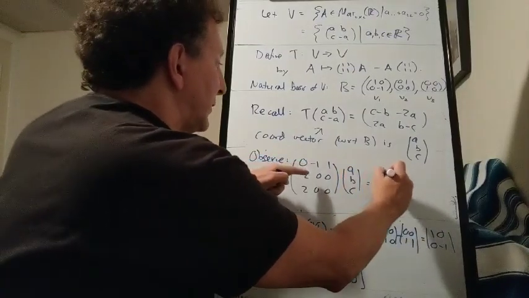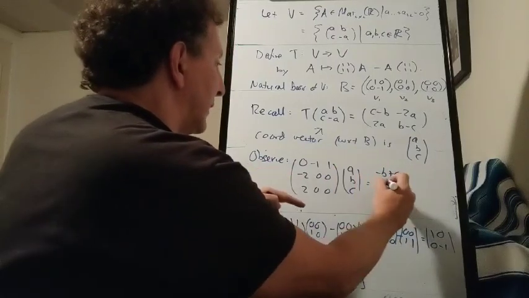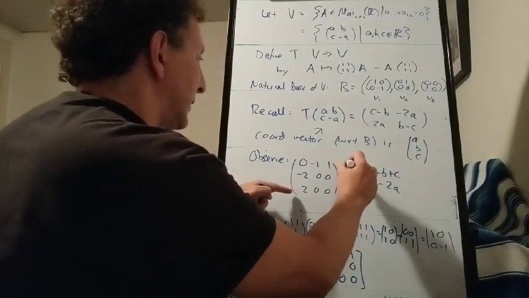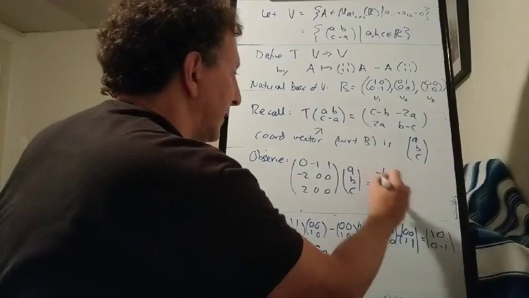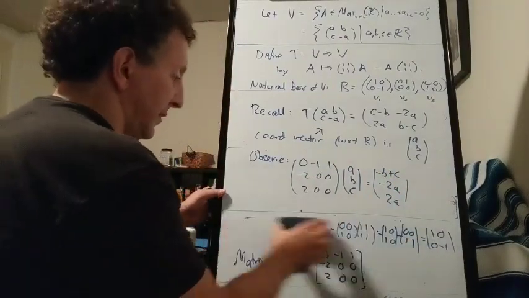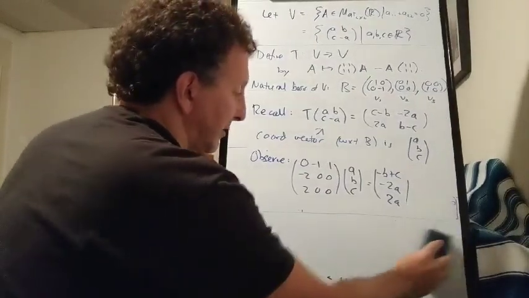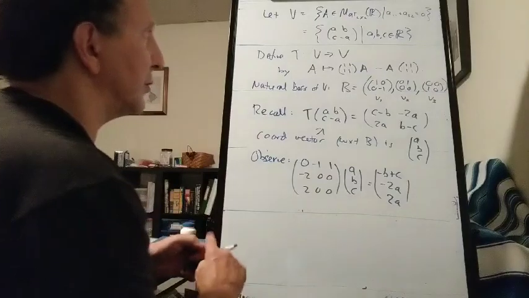If we have the matrix [0, -1, 1; -2, 0, 0; 2, 0, 0] times A, B, C, that equals 0 minus B plus C, negative 2A, 2A. Now what entry of the space does that correspond to?